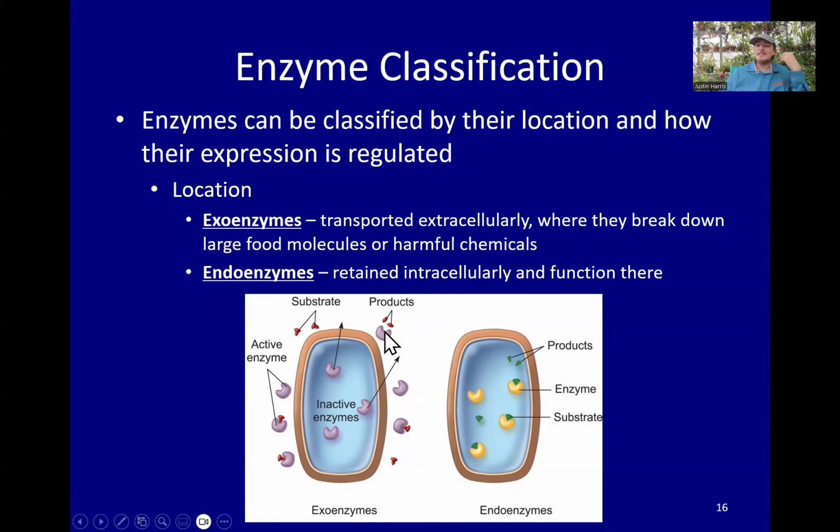Usually you don't have an inactive form of your endoenzymes, but for your exoenzymes, whatever you're doing outside the cell, you don't want to be doing that inside the cell. And so you have a particular way to make it where this enzyme is inactive.